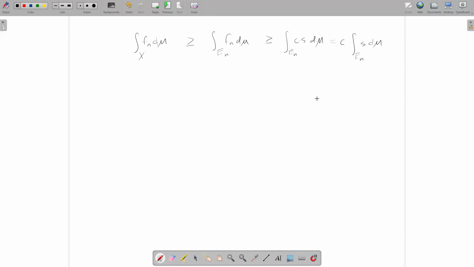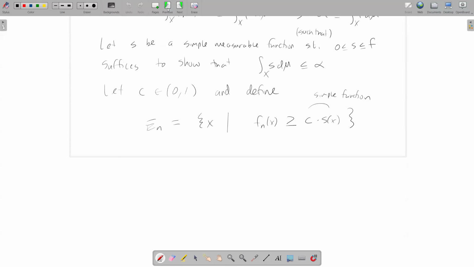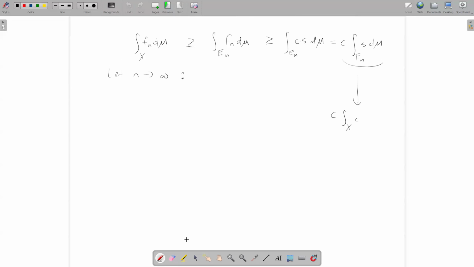Now we take limits, so we let n go to infinity, and what we end up with is, first of all, this will converge to c times the integral over X of s d mu.